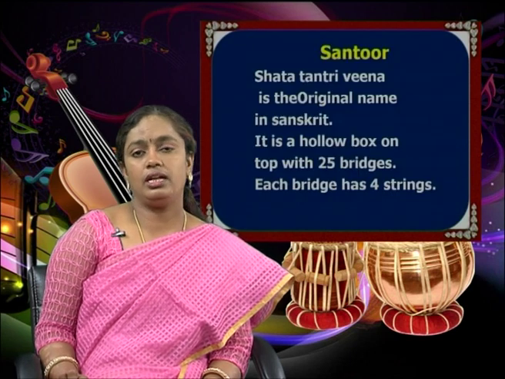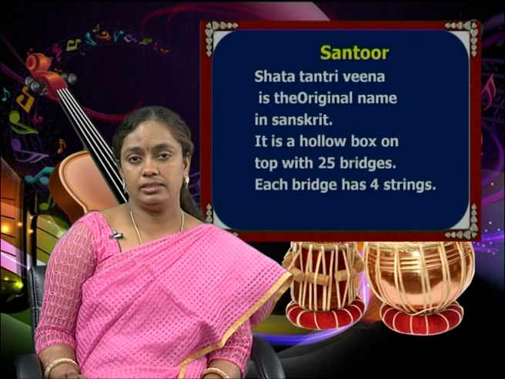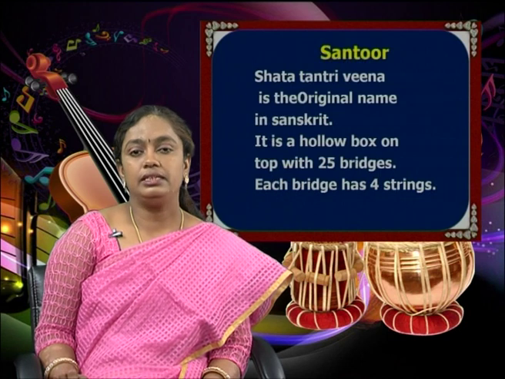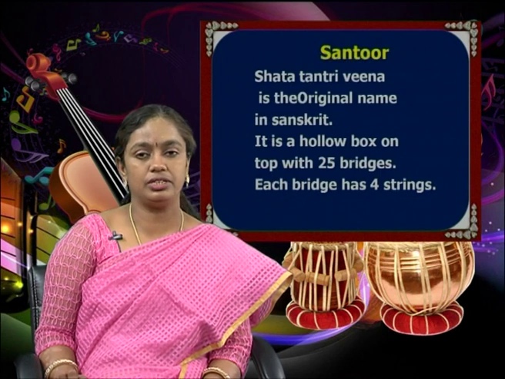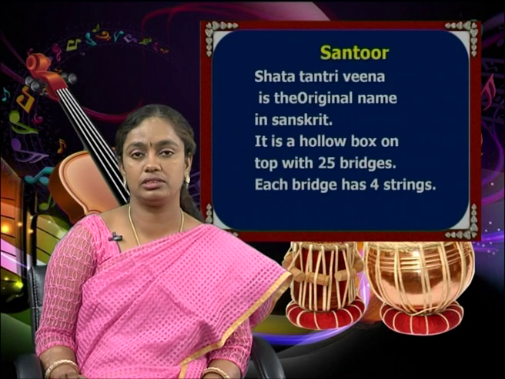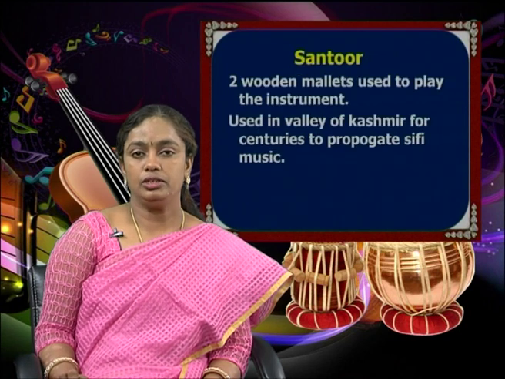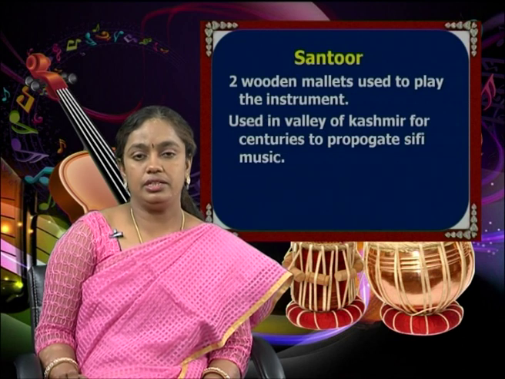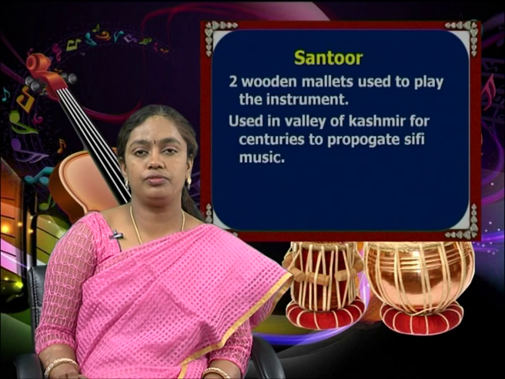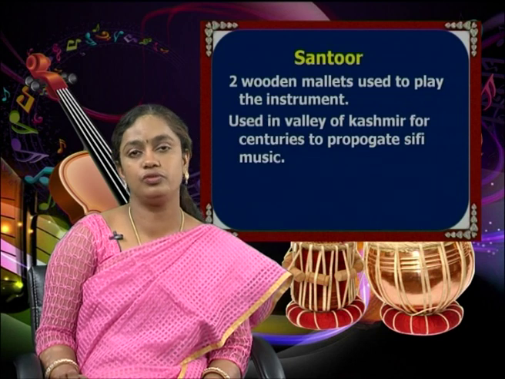It is also called Shata Tantri Veena, the original name of santoor in Sanskrit. It is a hollow box on top with 25 bridges, and each bridge has 4 strings to produce swaras. 2 wooden mallets are used to play the instrument, and it has been widely used in the valley of Kashmir for centuries to propagate Sufi music.